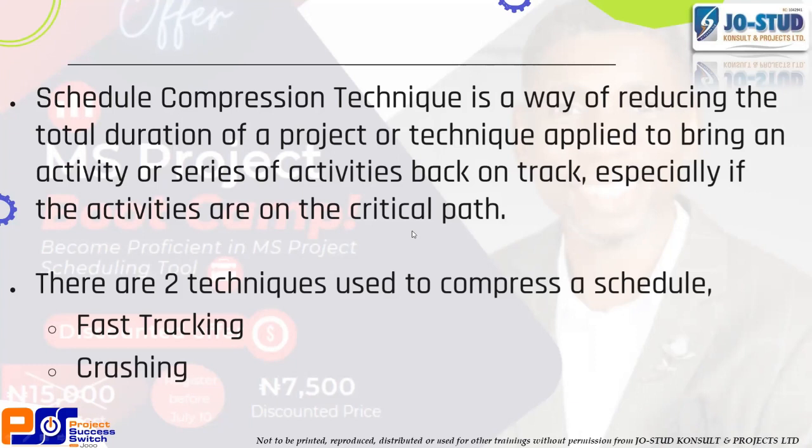Unfortunately, if you use it where the activity you are compressing is not on the critical path, number 1, you have either wasted your money and resources crashing, or you have put yourself under unnecessary risk crashing, because it will still not reduce your project duration.